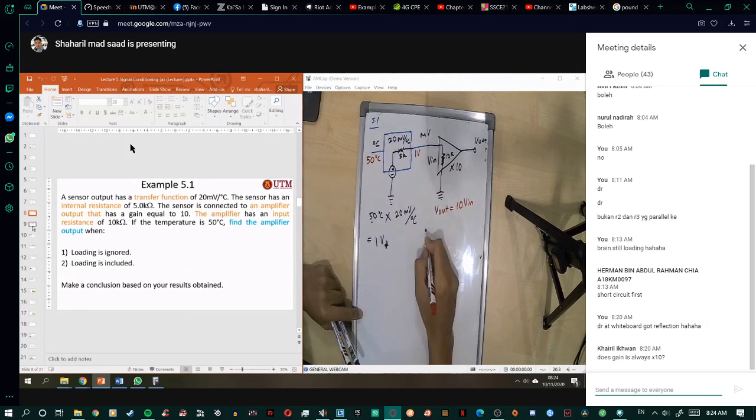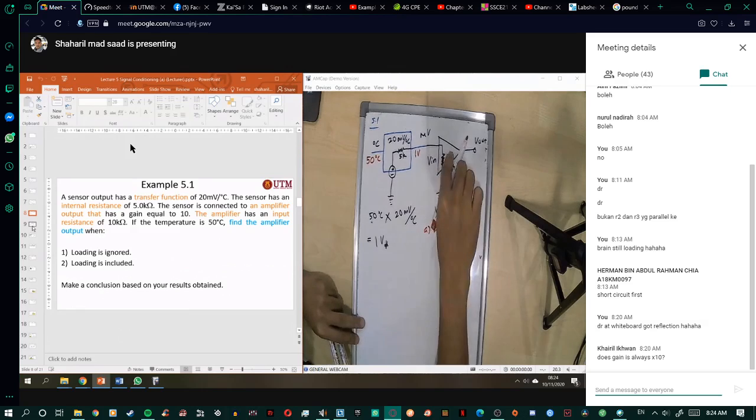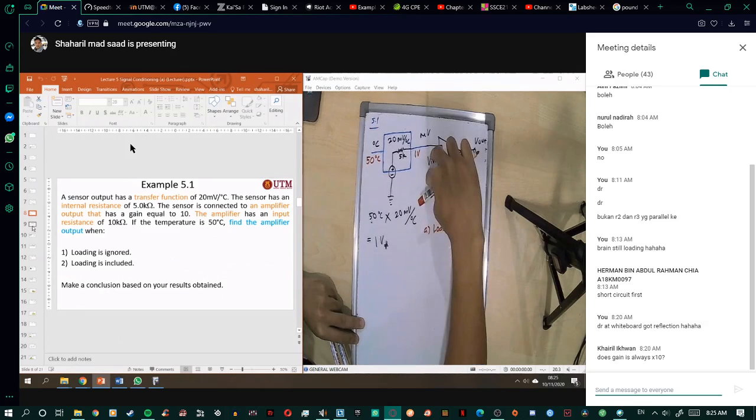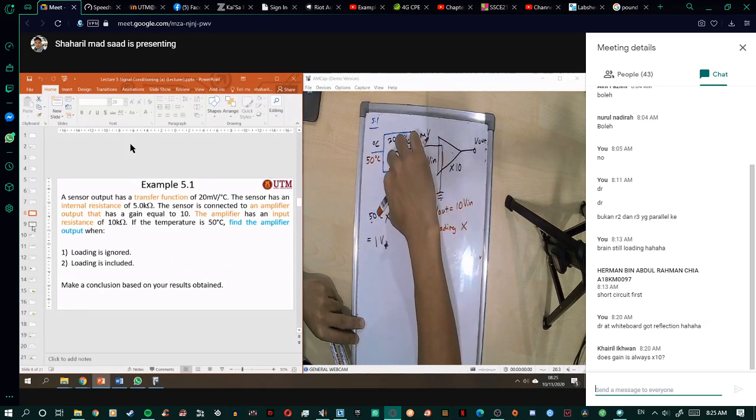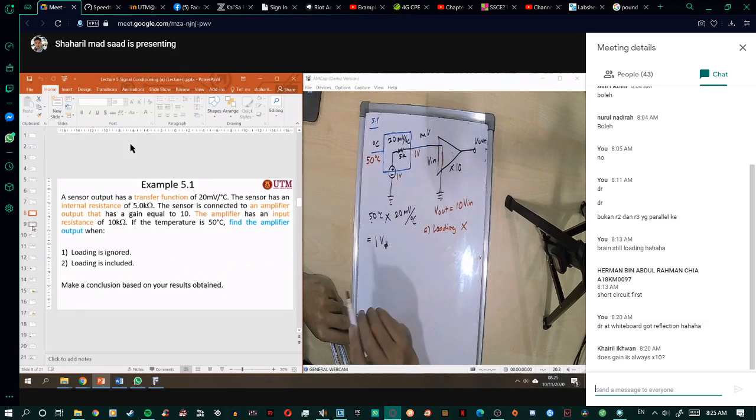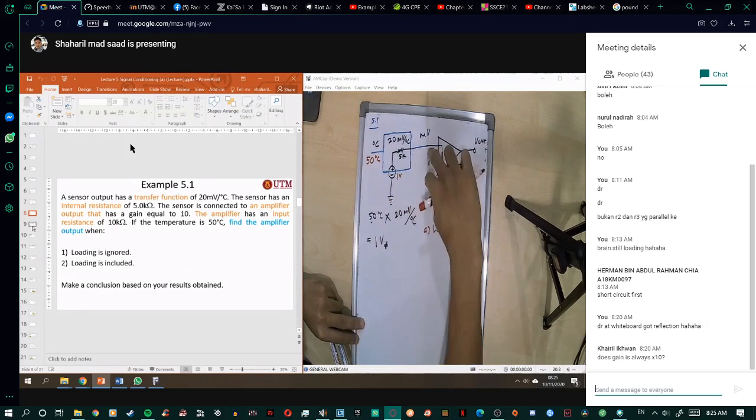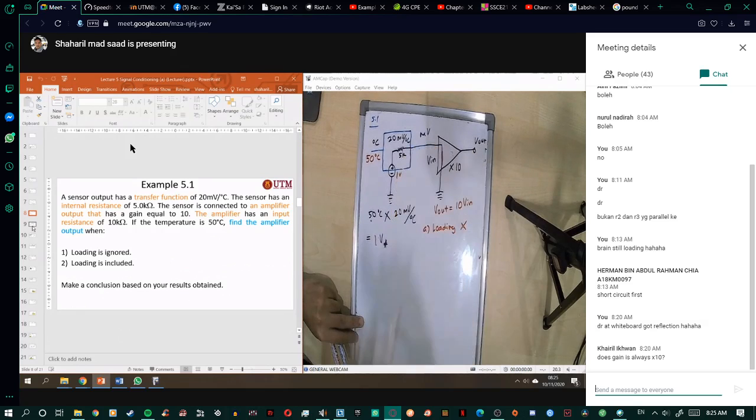Loading ignored means you don't have the loading here, so you short the circuit. So V in here is equal to Vx. Vx is equal to 1 volt, so V in equals 1 volt here.